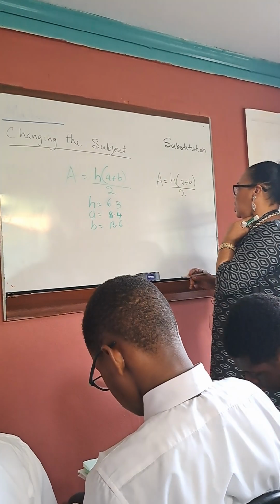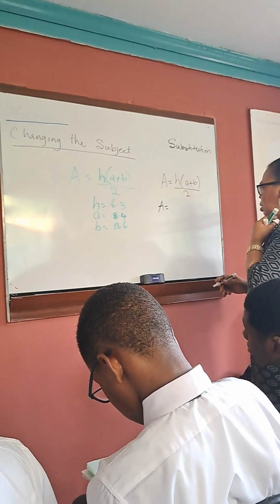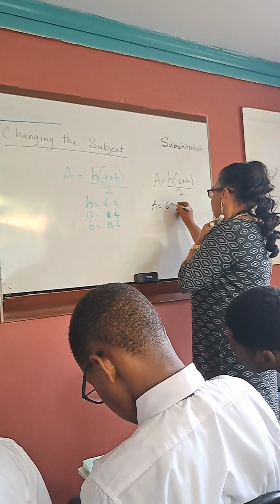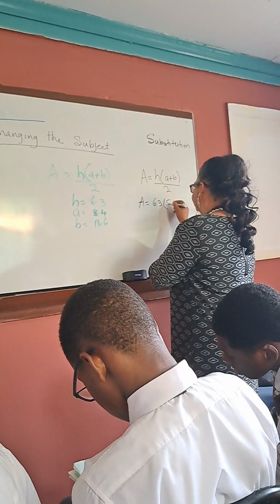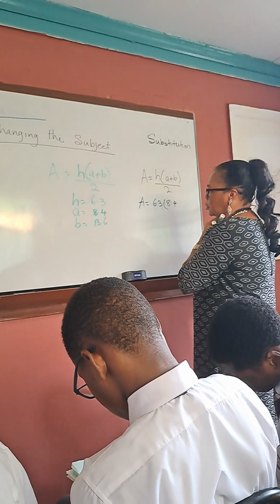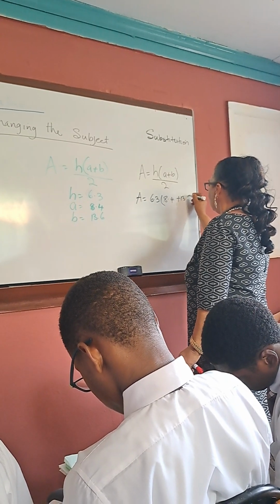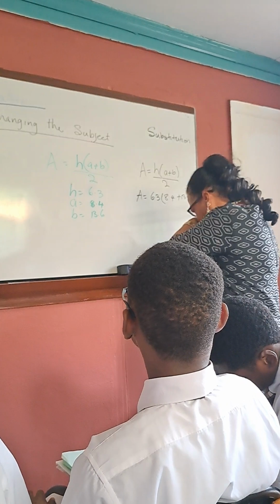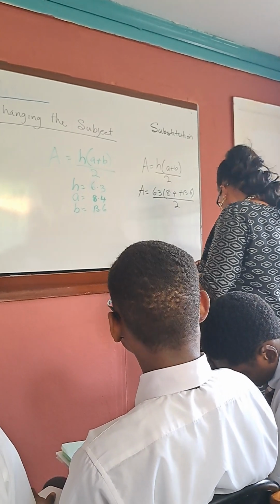So what values do I have? h equals 6.3. Little a is 8.4. And b is 13.6. That's over 2.